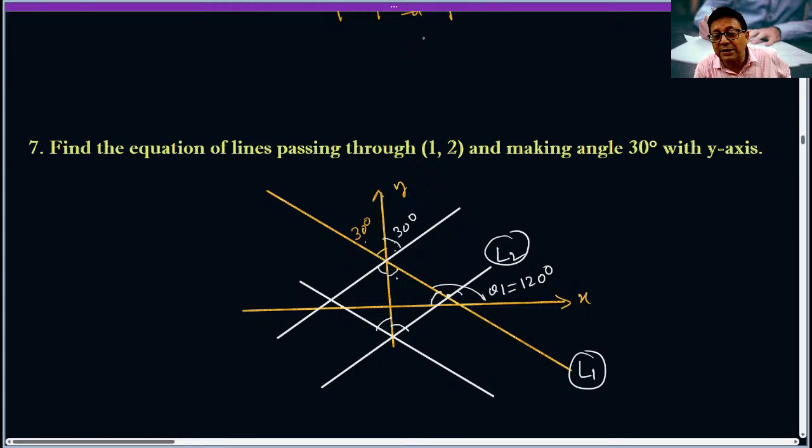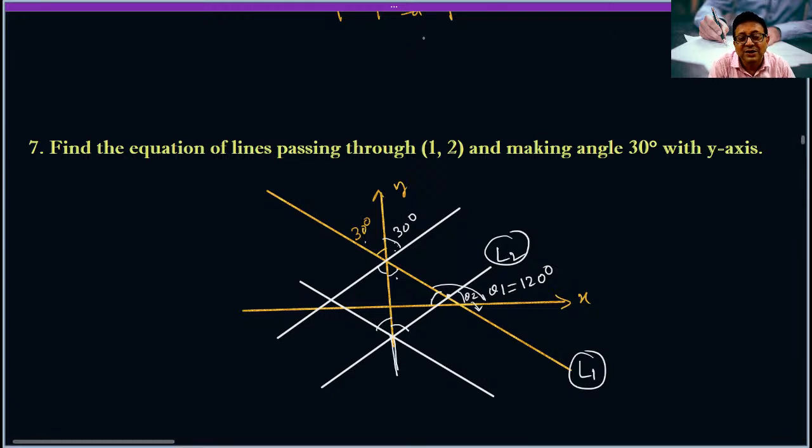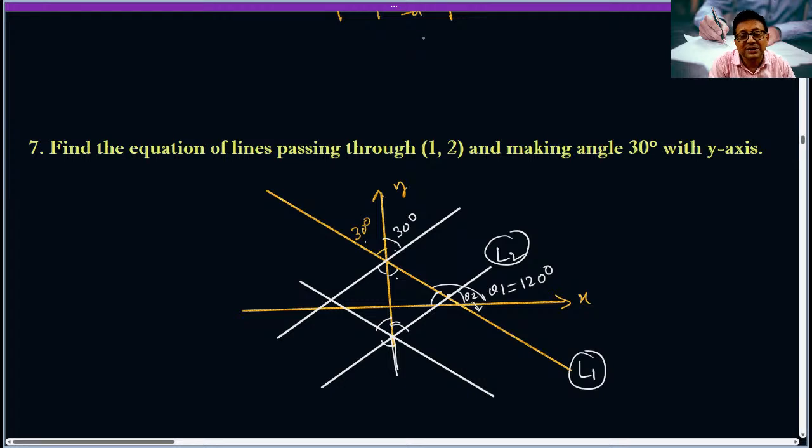What about this angle, theta 2? Theta 2 going to be what? Because it is parallel here. This is cutting here, so this has to be 30 or 60. Decide quickly. 30° with this. So this one 30, this one 30, this one 60. This one will be 60°. Theta 2 is 60° only.